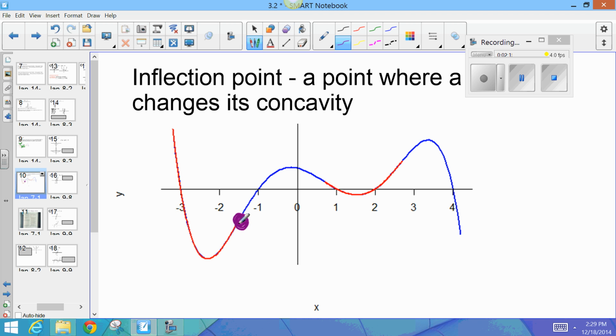Now, if this curve was all one color, it might be difficult to tell where it changed from concave up to concave down. So in your homework problems, you're going to be asked to estimate the inflection points. What you would do in that case is just get an estimate for the bottom of the curve, an estimate for the top of the curve, and then average them.